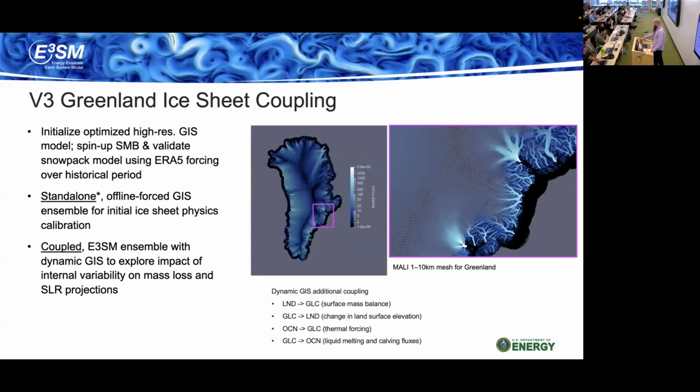The glacier needs to communicate back to land the change in land surface elevation, and ocean needs to communicate to MALI the thermal forcing, and lastly, MALI communicating to the ocean calving fluxes and liquid runoff that come from the ice sheet dynamics.